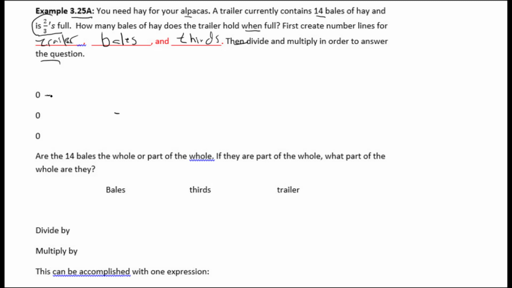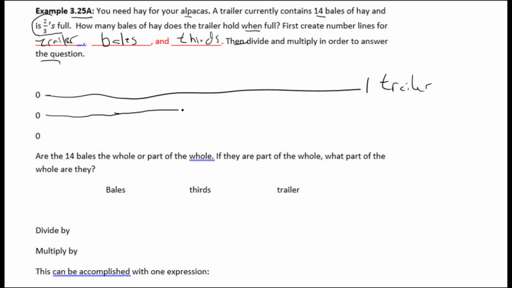Here is our straight line trailer, one trailer. And here is our bales of hay.